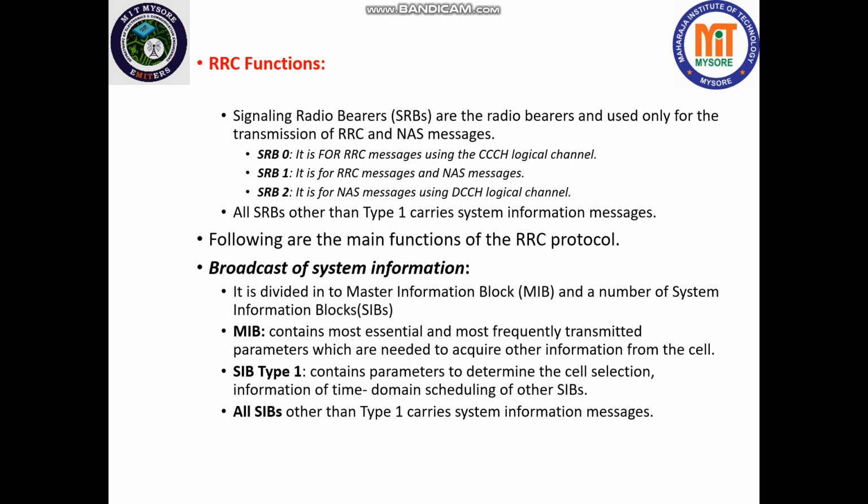Type 1 is used to determine the cell selection in a particular area, and time domain scheduling of other SIBs is carried out by the type 1 SIB. All others carry only system information messages. This is about broadcast of system information. System here is your equipment as well as your eNode B.